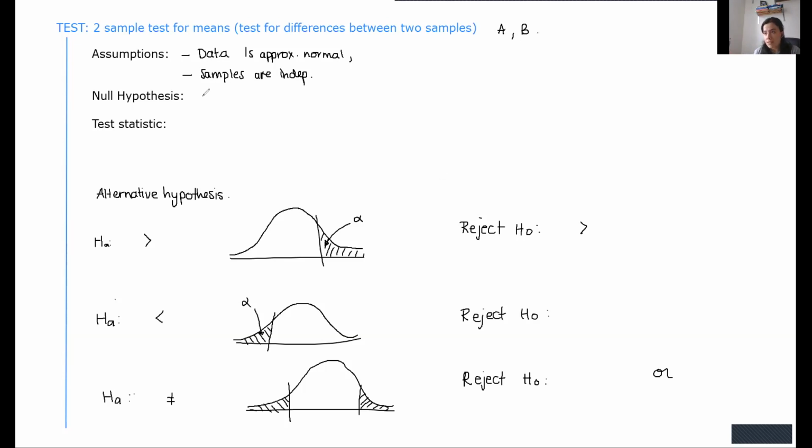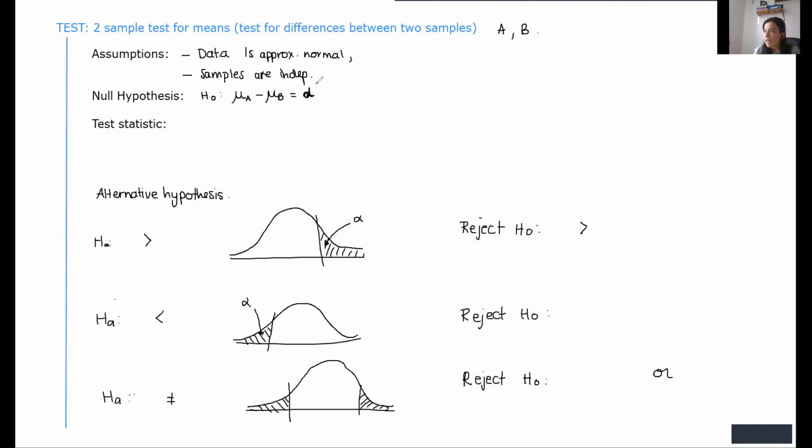My null hypothesis, so the thing that I'm going to start with, is that the mean for the first sample minus the mean for the second sample is going to be equal to some comparison value, which I'm going to call D. D for difference.